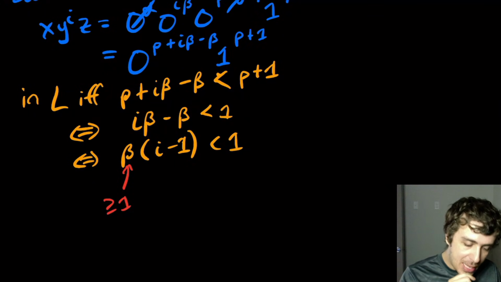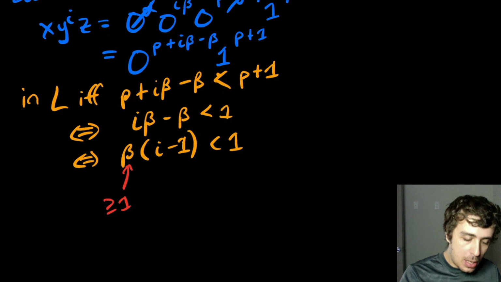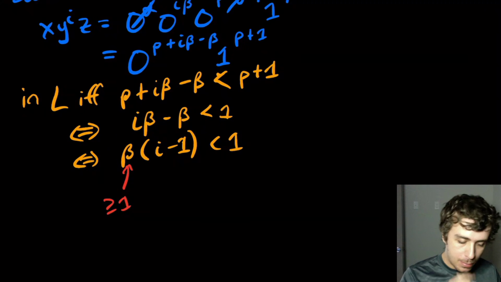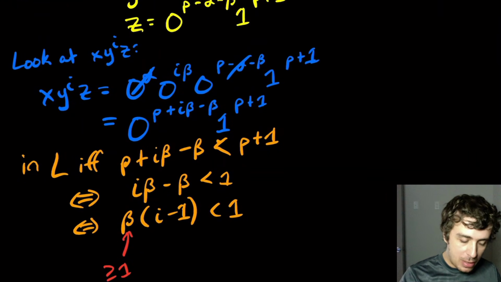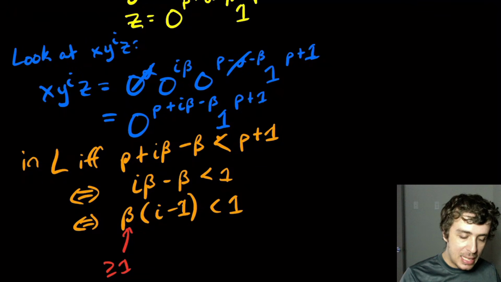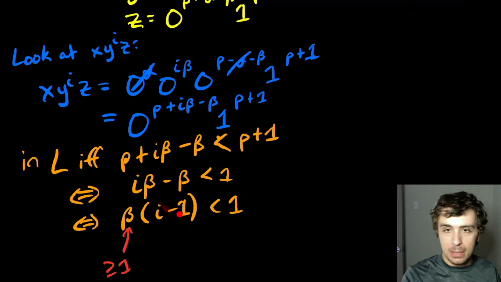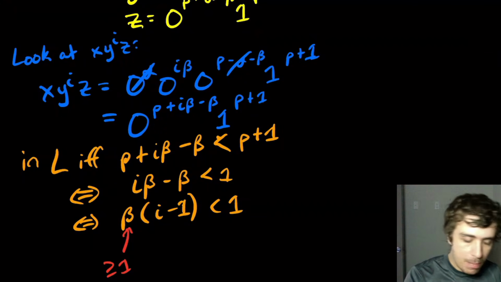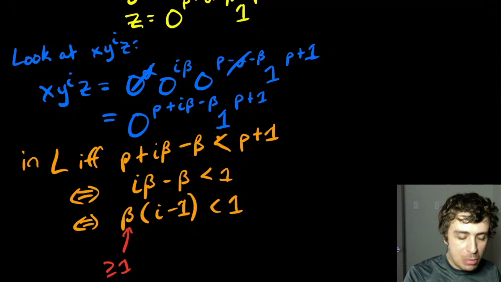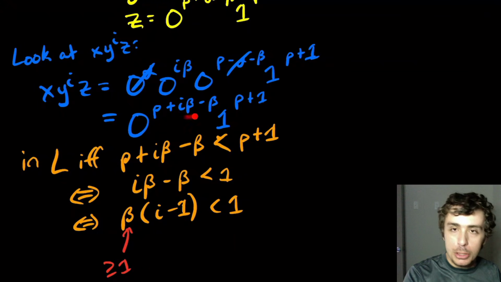So let's pick I equal 2. Then let's try to investigate what the string actually is. So the inequality is false and we're done. But let's just actually see why. If we pick I equal to 2, we have 1 beta right here.